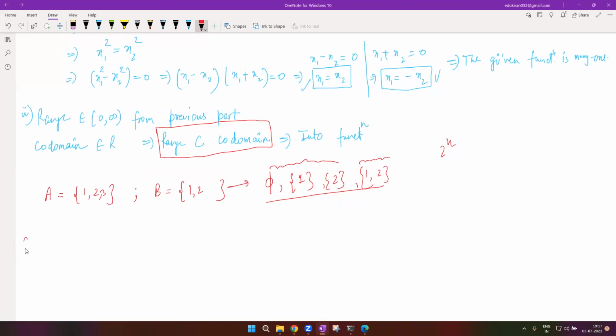So you have to comment on the many-one, one-one, onto, into nature of the given functions.